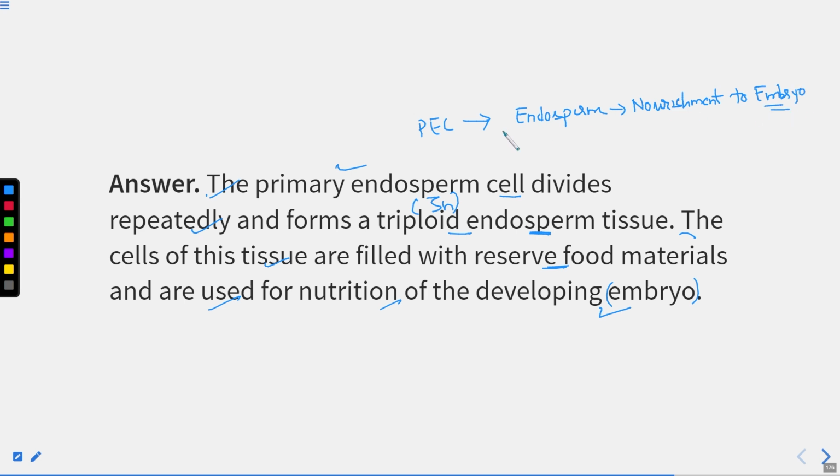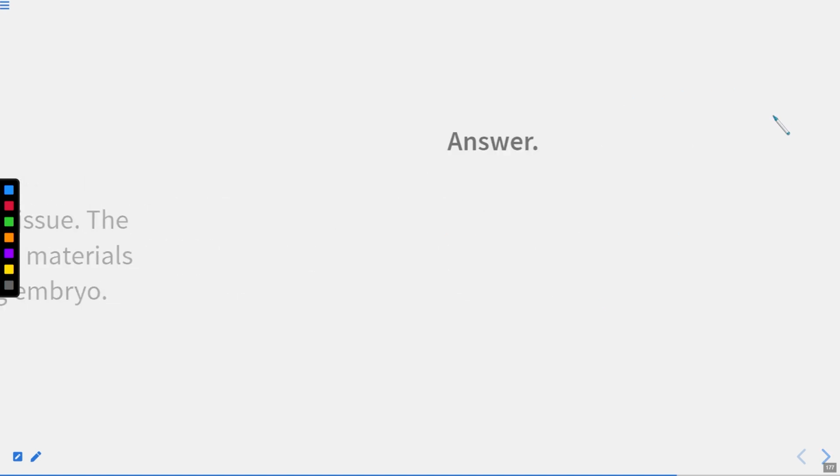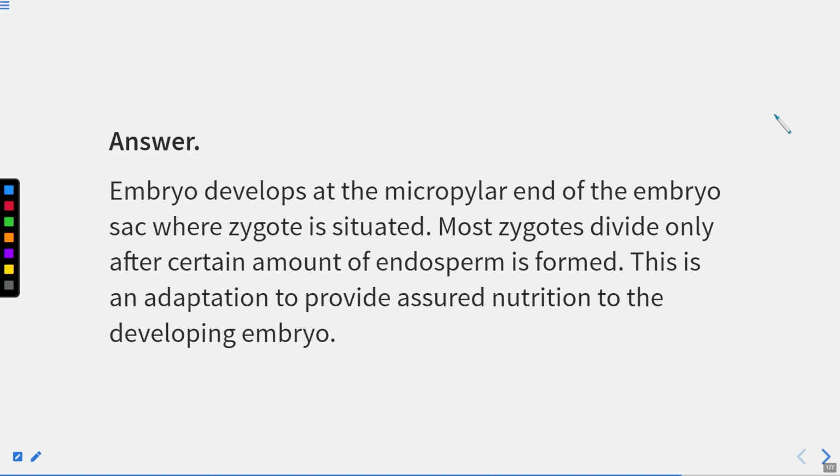That's why first there is a division in the primary endosperm cell which forms endosperm, and then endosperm provides nutrition to the embryo. Okay, this is clear.